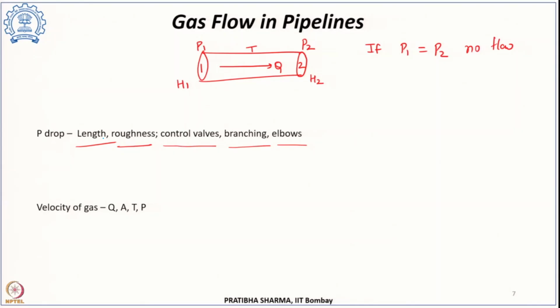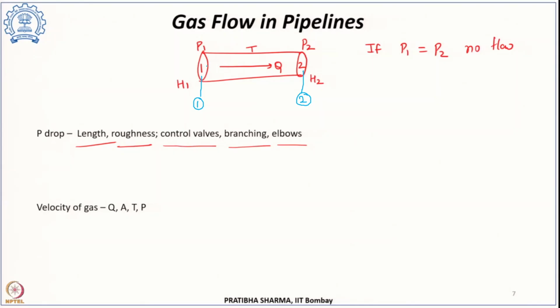Okay. These things I have to explain a bit. When hydrogen flows from one point of a pipeline to another part of the pipeline, obviously there should be some pressure difference.